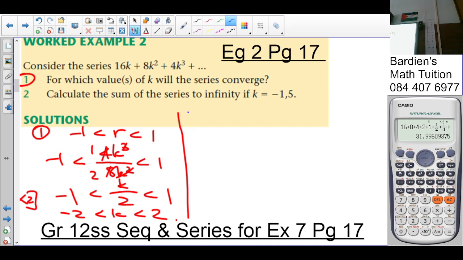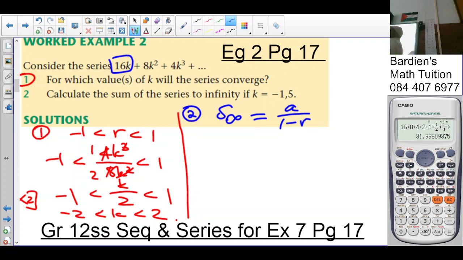The second part of the question says, calculate the sum of the series to infinity if k is equal to negative 1.5. So to calculate the sum to infinity, what do I need? It will be a over 1 minus r. My a value is 16k.